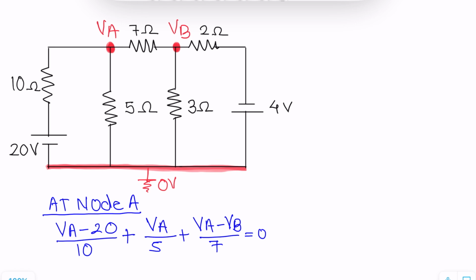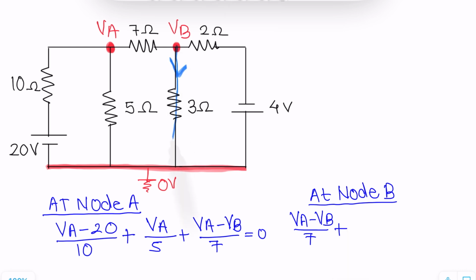Similar exercise we will do at node B. Now when you stand at node B, you assume all the currents outgoing. So first current VA minus VB upon 7 plus second current starting at VB, ending at 0 and opposed by 3 ohm.